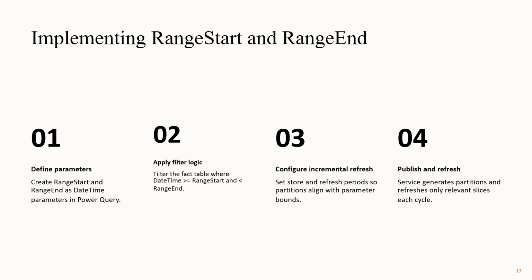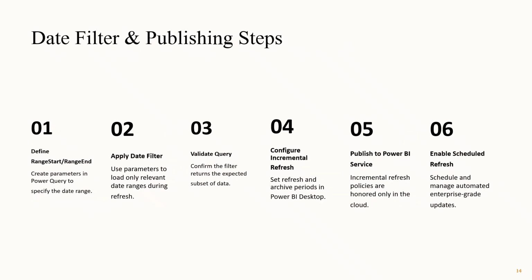We need to filter the table in the Power Query, and then we have to set the incremental refresh, and then we have to publish it. Once we publish and refresh, the service generates the partitions and refreshes only the relevant slices on each cycle. We will see this practically in our lab.